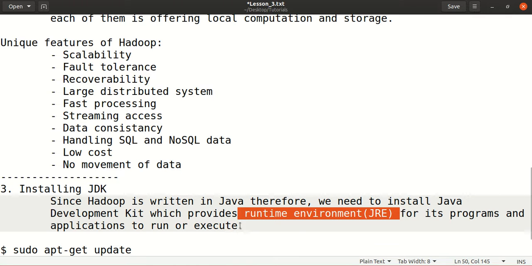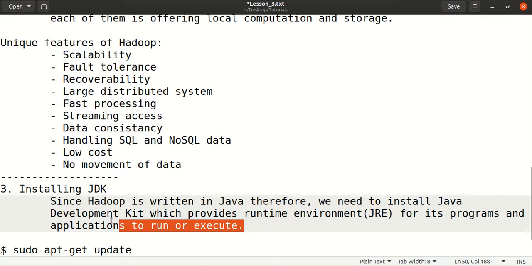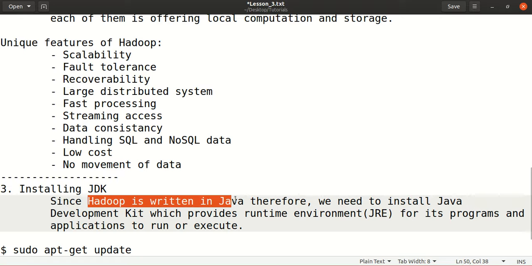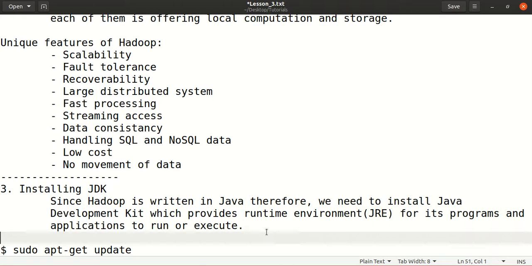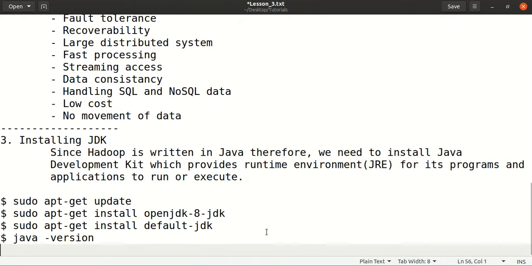That is the reason we first have to install the JDK, because Hadoop is written in Java, and for executing Hadoop services we need to install the JDK or create a Java virtual machine or Java runtime environment. I hope you understood.